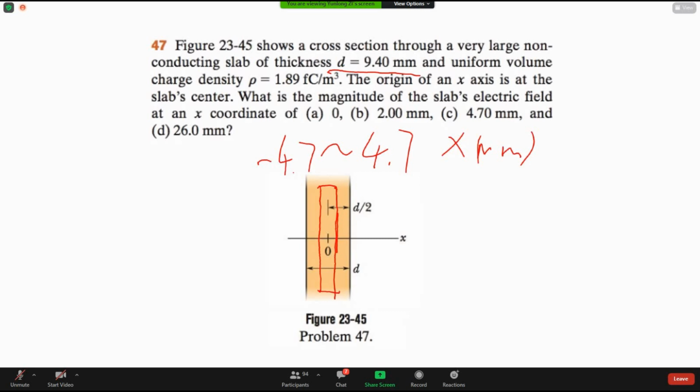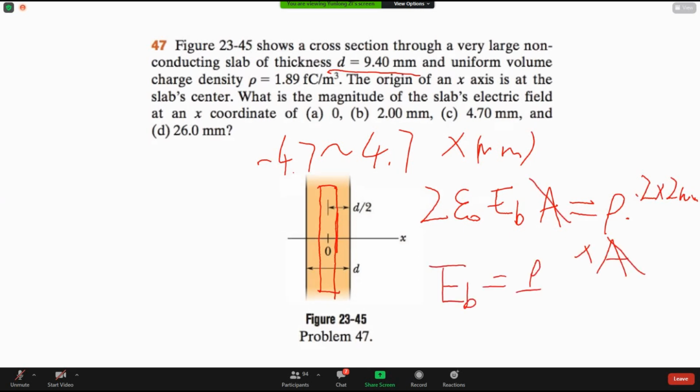So we can use epsilon 0 times the electric field times the area, because there are two surfaces, and the enclosed charge is the charge density rho multiplied by the thickness 2 and the area.